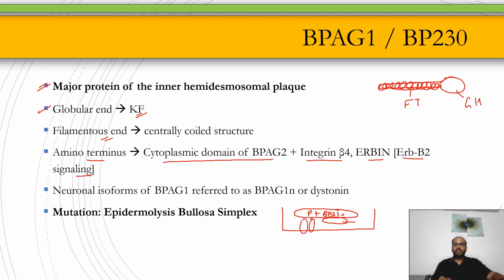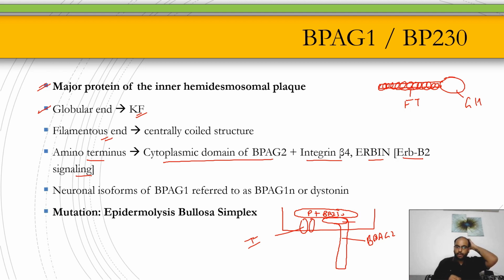So these are integrins, and this is BPAG2. Now BPAG2 is a transmembranal protein. That means it will cross the membrane. So BP230 serves as an attachment of integrins. These are integrins, another molecule of the hemidesmosomal plaque, and this is BPAG2. So this is where the attachment essentially occurs.